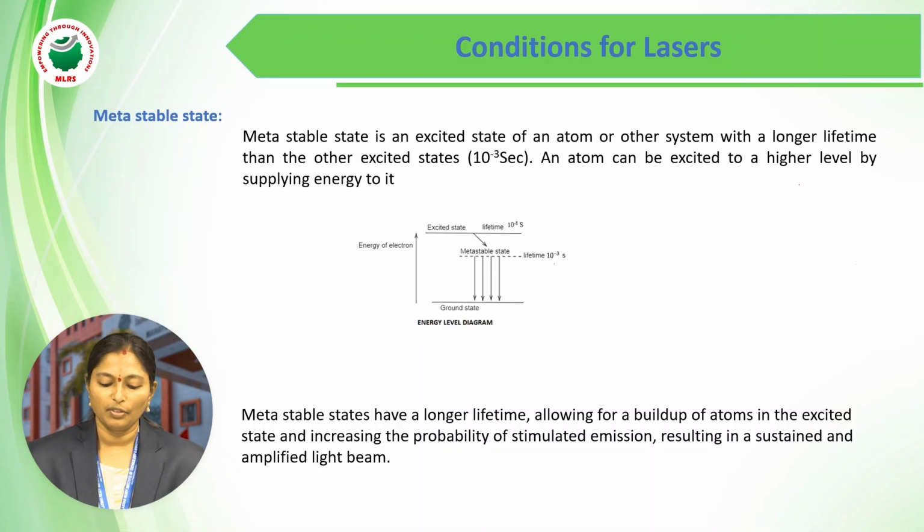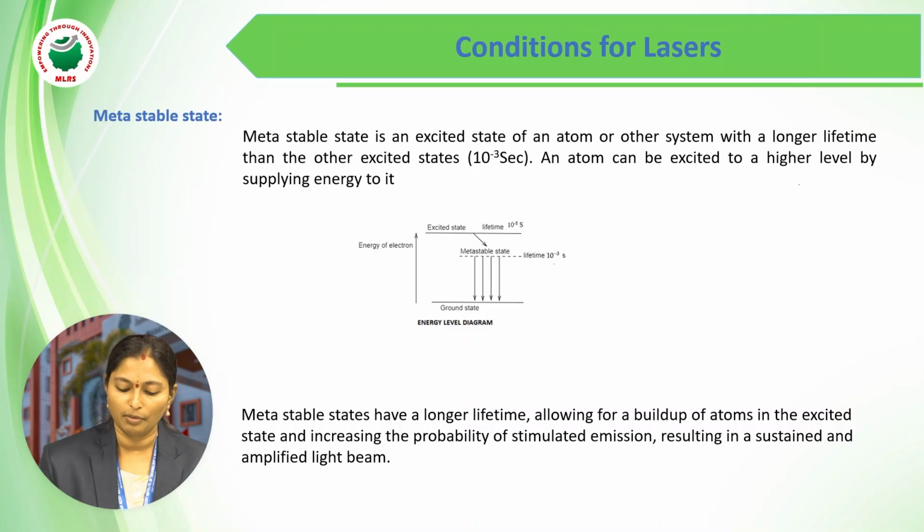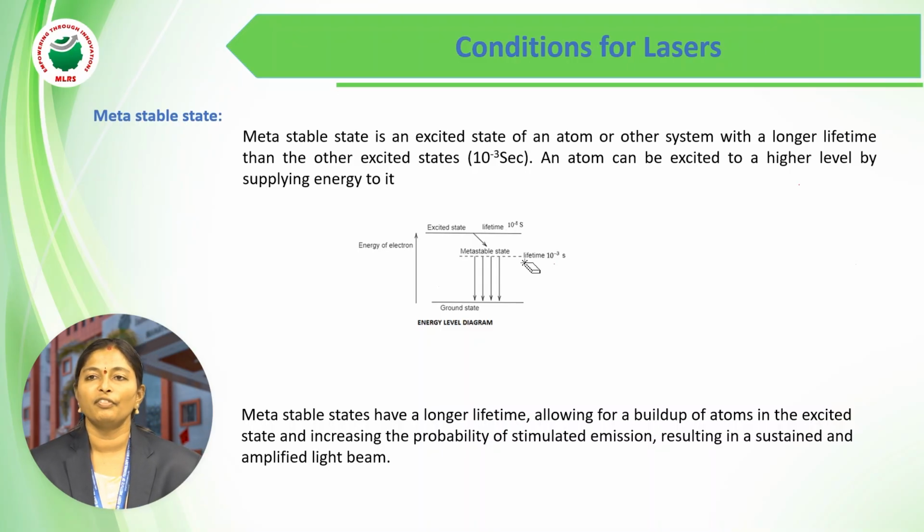The lifetime of the metastable state is 10 power minus 3 seconds, whereas the lifetime of the excited state is 10 power minus 8 seconds. Due to this longer lifetime, more atoms accumulate, there is more probability of the stimulated emission process, and we will get the amplified light. This amplified light we call laser light.